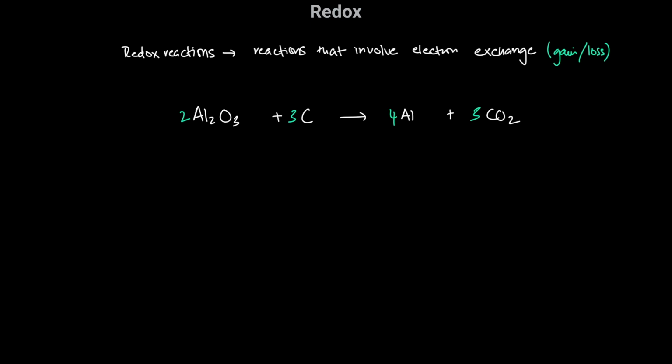So over here, we can say that aluminum oxide is being reduced because it is losing oxygen. Loss of oxygen is referred to as reduction. Again, historically, when metals were extracted from their ores, a reduction in mass was observed, and we knew that it was due to the loss of oxygen, so we said that reduction refers to the loss of oxygen. This is not the best way of defining reduction anymore, but this is where the name came from.